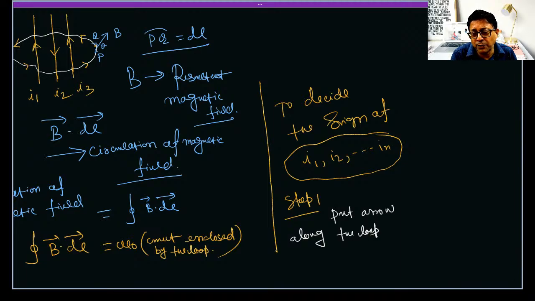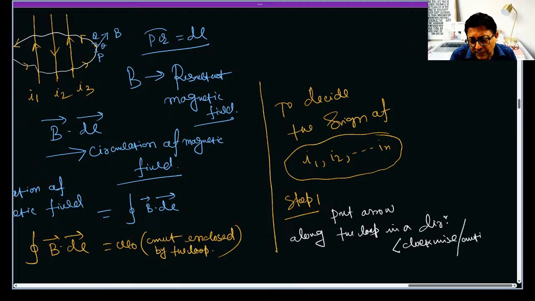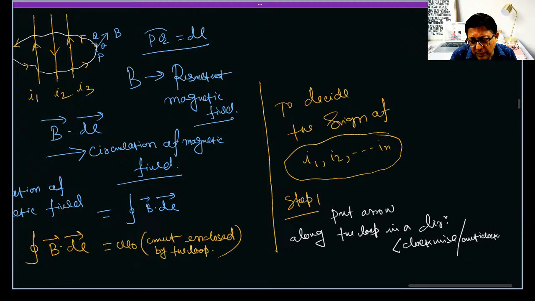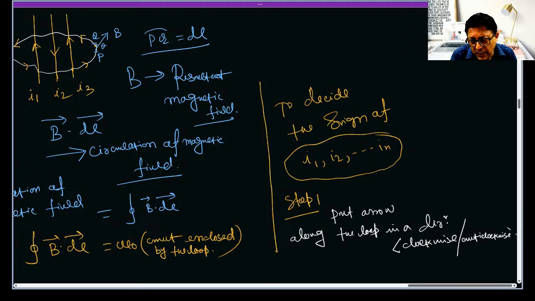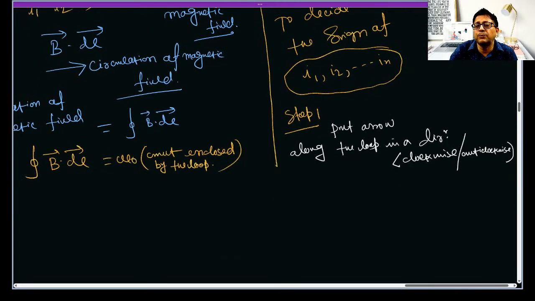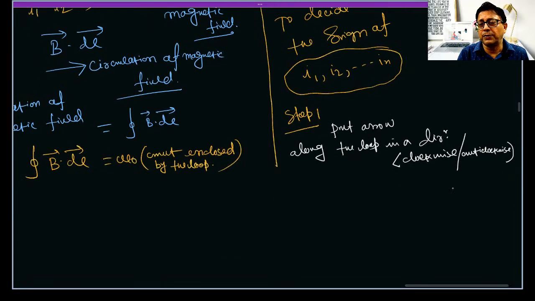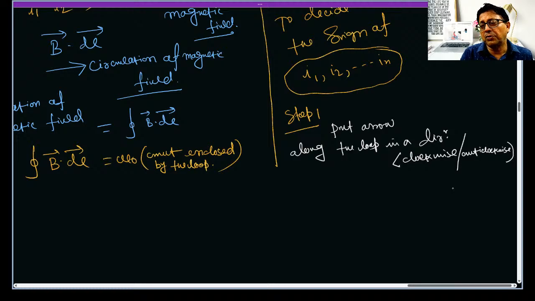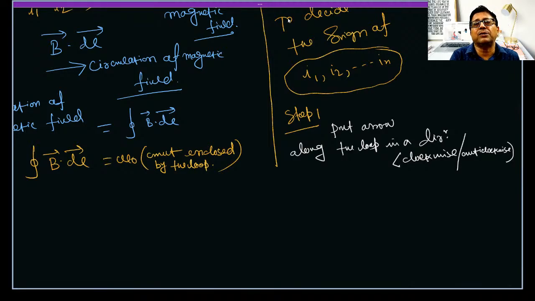Put an arrow along the direction of the loop in a direction which is clockwise or anti-clockwise.